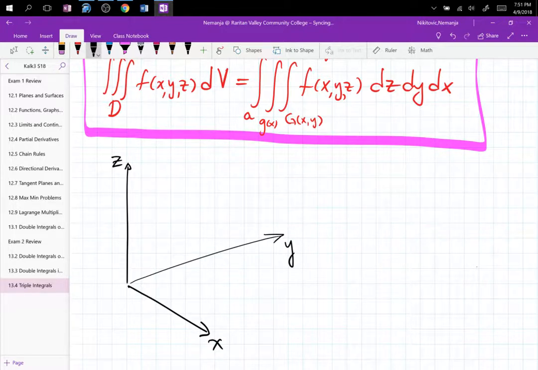So we're going to go 0 to 2, and we're going to go all the way over here to 4, and then we're going to have a parallel line, let's say off of here, 2, 3.